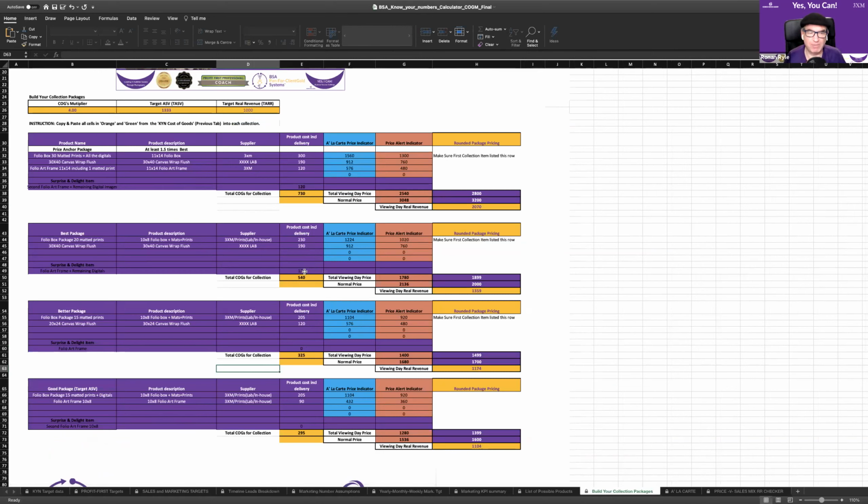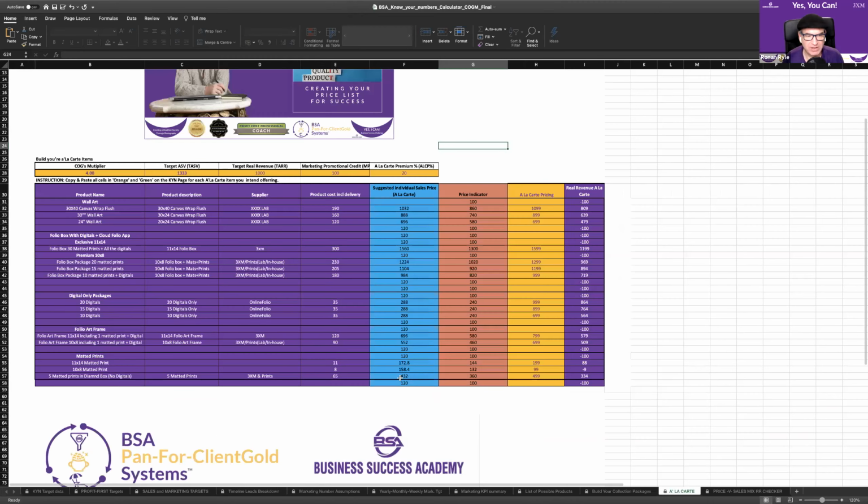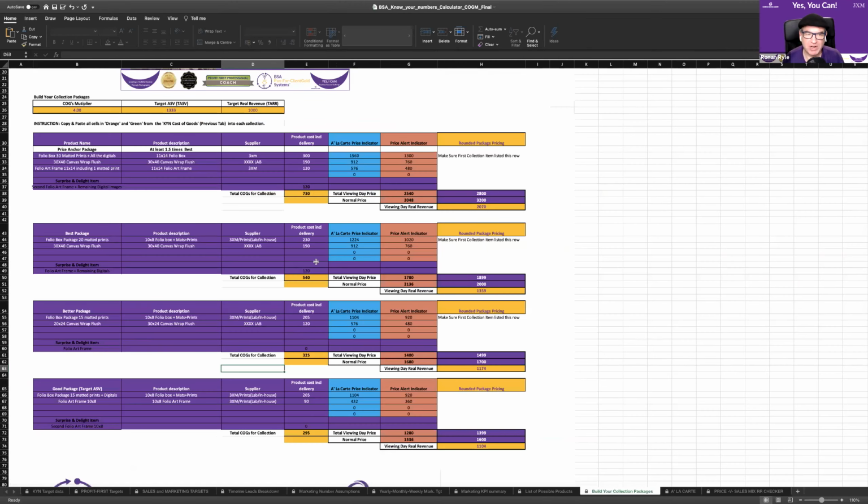So when I gift them to the people who are my better clients buying my bigger packages, they're amazed because they've got something of value for free. It's cost you 120, right? But the client attracts a value because they see it on your price list at $799. You see that? But you're taking account of it, but you're rewarding your better clients with a surprise and delight item.